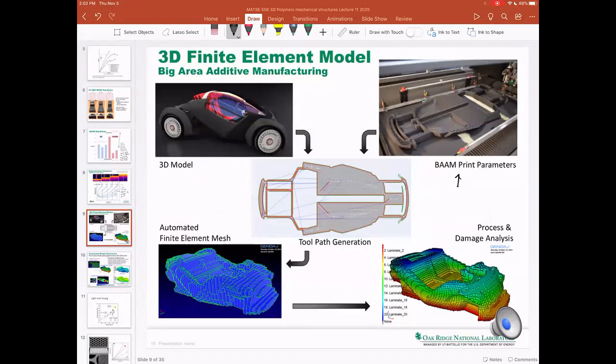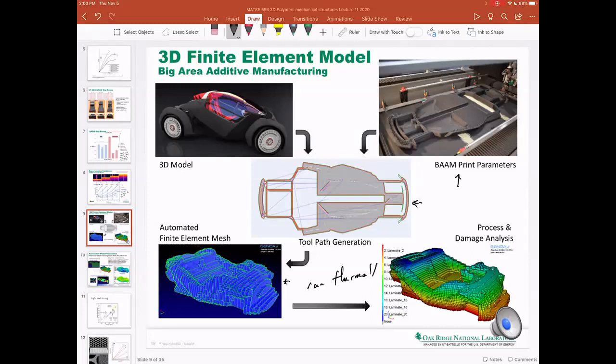And of course, the big area additive manufacturing machine is big. It's like 3 feet by 6 feet by 3 feet. You have the model of your car, the Strati that you want printed. You have a mesh for that car for the different finite elements, and you can run your thermal model.